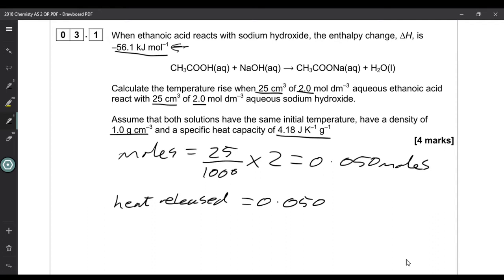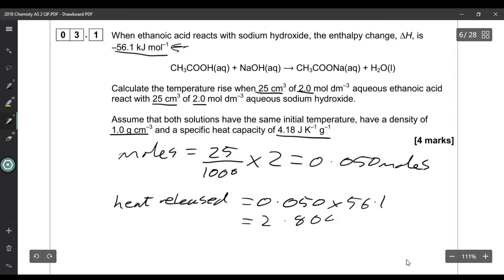Now we've got 0.050 moles, so it's just the amount in moles that we've got reacting times by delta H, which is 56.1, and that comes out to be 2.805 kilojoules or 2805 joules.